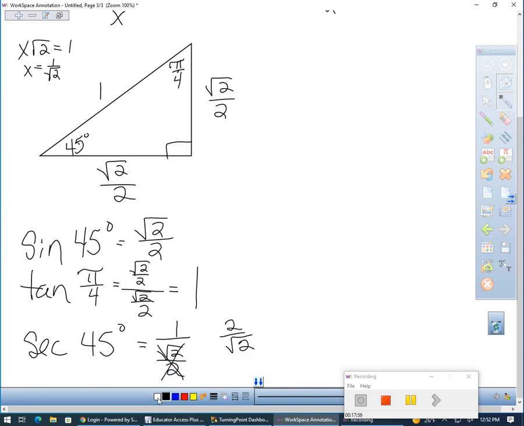Gets rid of this. And then I would have to rationalize, right? So I have to times by root 2 over 2. Or sorry, root 2 over root 2. And so what do we end up with an answer for the secant of 45 degrees? Root 2, exactly.